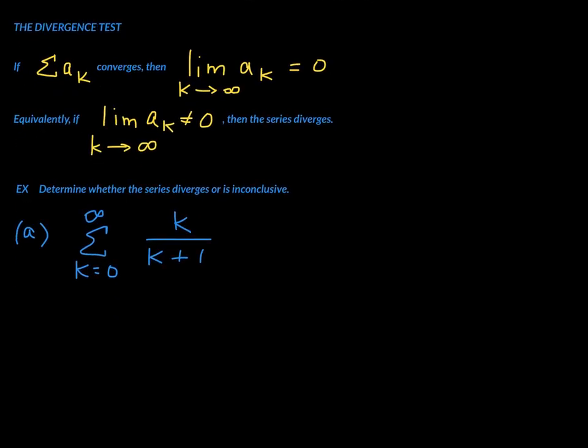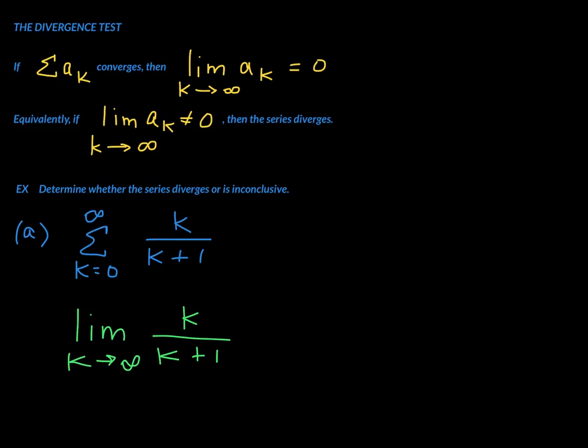So if I consider the limit of k over k plus 1 as k goes to infinity, can you and I show that this limit is not 0? Because if we are successful at showing that this limit is not 0, then that's enough to prove that this series diverges.